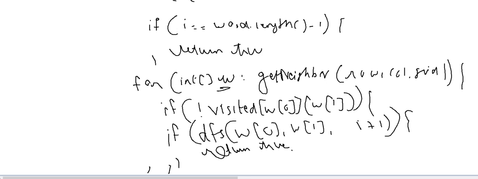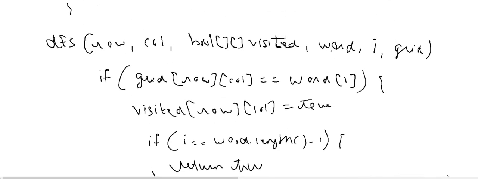But if the word is not found, I mean if this is not matching this cell, the character that we have in this cell is not matching with the character at the ith index. That means we're not gonna go in this if block because the characters aren't matching.